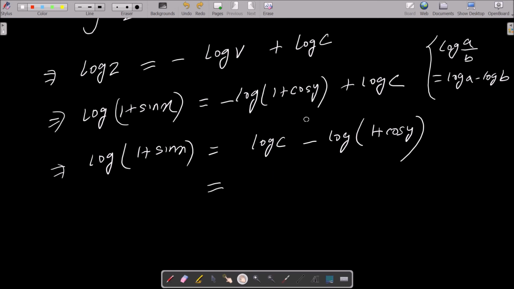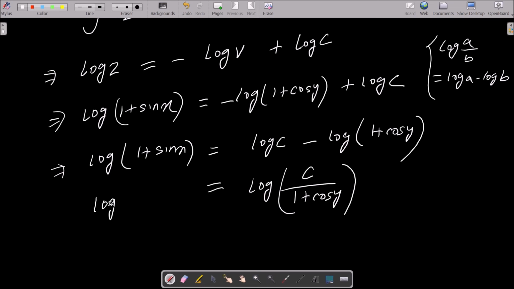Suppose this is log a and this is log b. So we write log of c divided by 1 plus cos y, and on the left side 1 plus sin x.